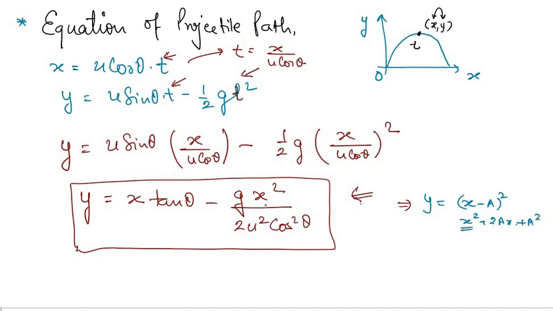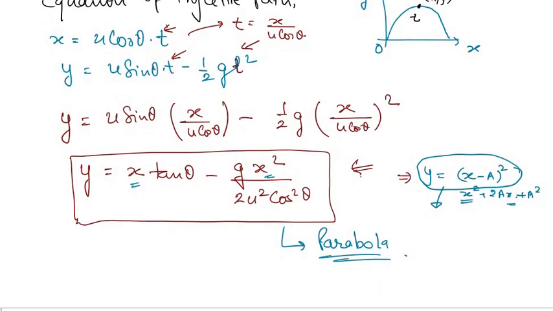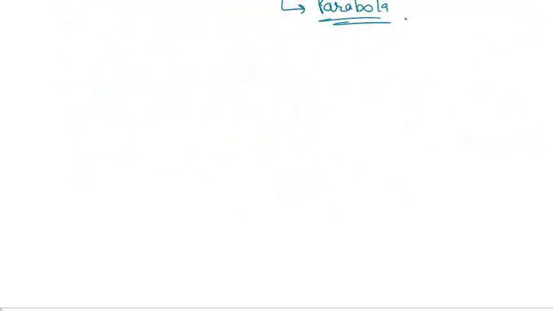So you have to add and subtract some things and you will get this type of equation. So this equation is nothing but your parabolic equation. This confirms that the path of the motion is a parabola. Okay, so this was the discussion on projectile motion. Now I wish to take one more problem that I think you have encountered, but I'm not sure about that, so I must discuss it here.